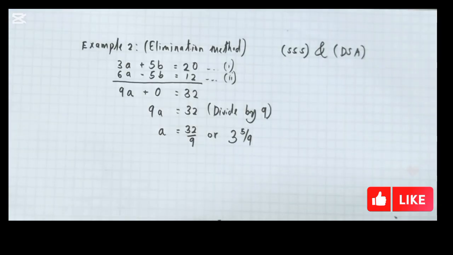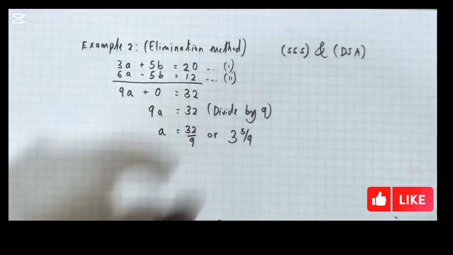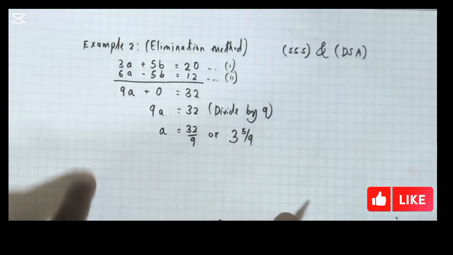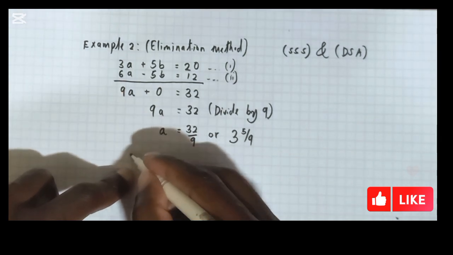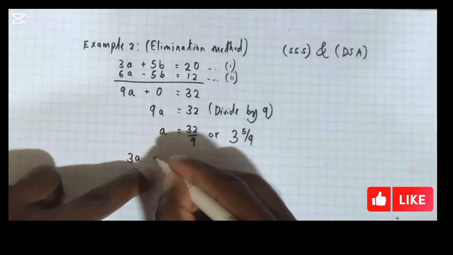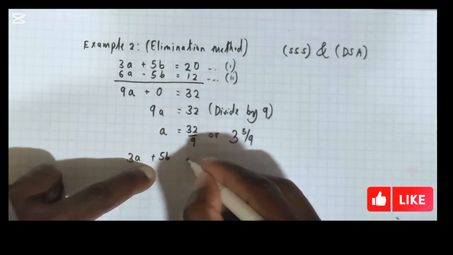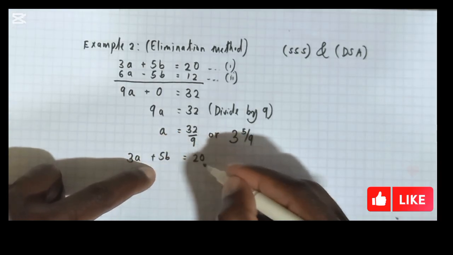So for us to find the value of b, we are basically going to have to substitute whatever we have as the value of a into either equation 1 or equation 2. I'm going to use equation 1, which is 3a plus 5b equals 20.